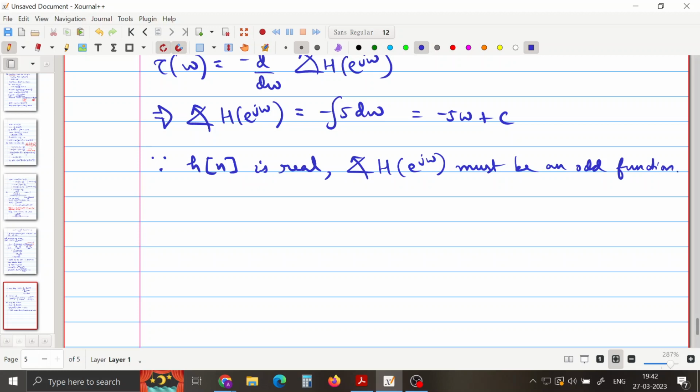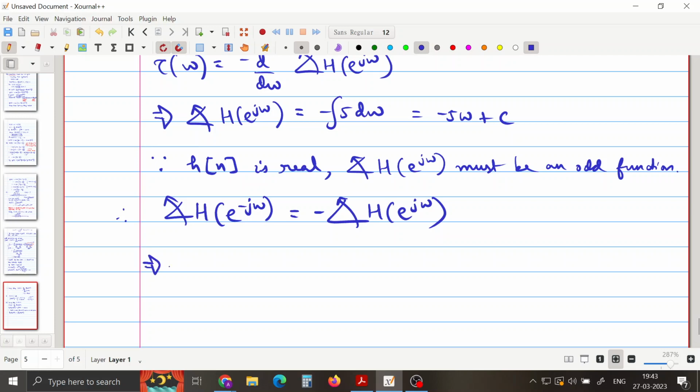By the definition of an odd function, f of minus x is minus of f of x. So just use that basic formula. Therefore f of minus x, which is the phase at e power minus j omega, is minus of this. Agreed? Because the phase is odd, and we already found out the phase to be minus 5 omega plus c.